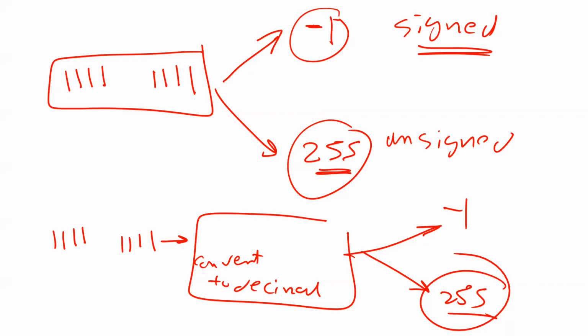Number of cars, number of students: I think this should be unsigned, because if you have a system to count the number of cars passing the street, it should be unsigned. Is that okay? So when you write your program, you need to decide: I'm going to use a signed or unsigned variable.